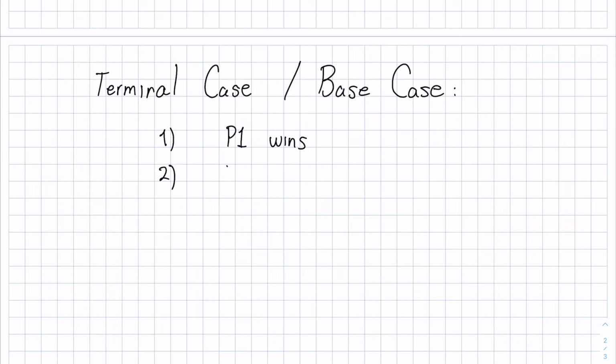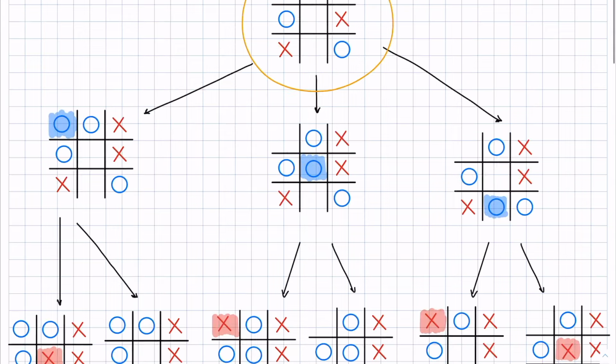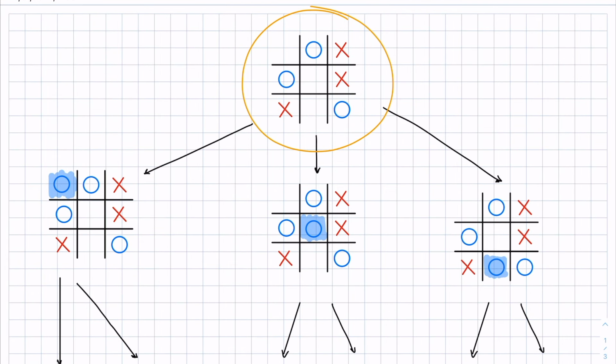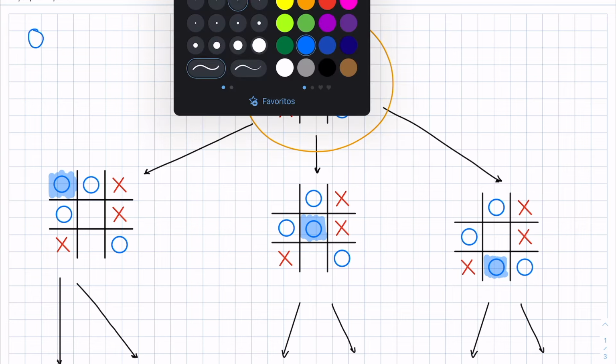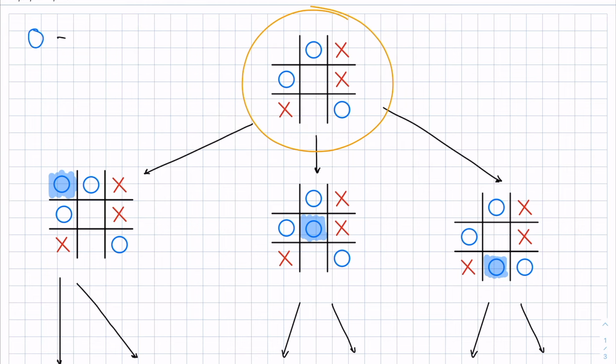The second one is when player 2 wins. And the third one is when we have a draw. So yeah, I think you can clearly see what a terminal case is. So it's basically when the game is over, right? Now the second concept is gonna be the following. For this example, we're gonna suppose that the circle, so the person that is putting the circle, is going to minimize.